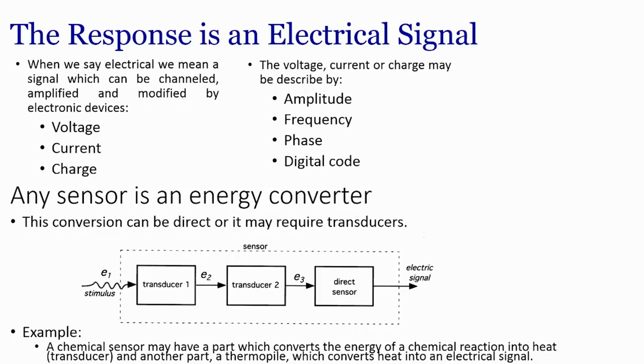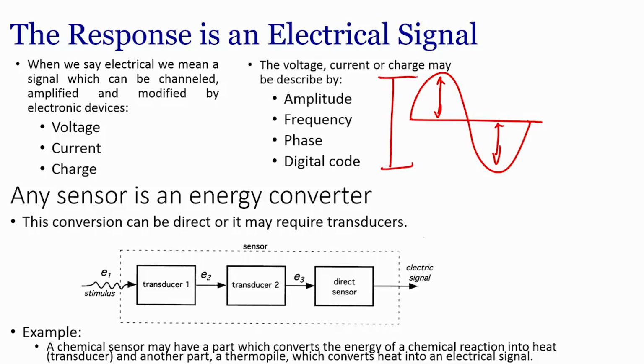Now, the voltage, current or charge may be described by amplitude, right. This is the amplitude of the positive wave, the negative cycle, the total amplitude. Now, it depends on frequency; this is time in seconds, this is voltage.